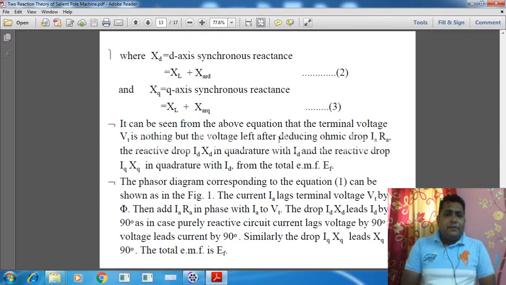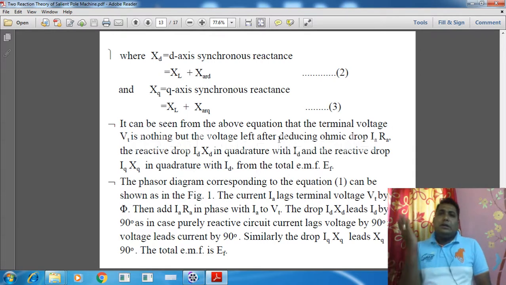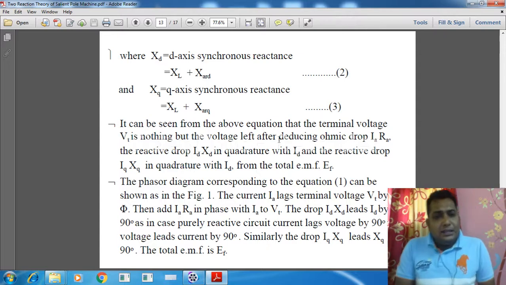The observation we have made from this is that it can be seen from the above equation that the terminal voltage Vt is nothing but the voltage left after deducting the ohmic drop IaRa, the reactance drop Id Xd in quadrature with Id, and the reactance drop Iq Xq in quadrature with Iq, from the total EMF Ef. That means whatever drops are there in the direct axis and in the quadrature axis, if we subtract them from the generated EMF, the rest of the voltage appears at the terminal.